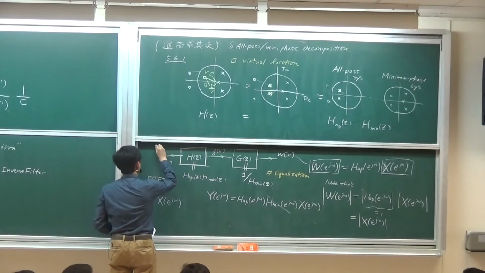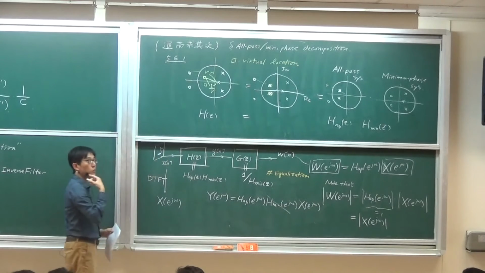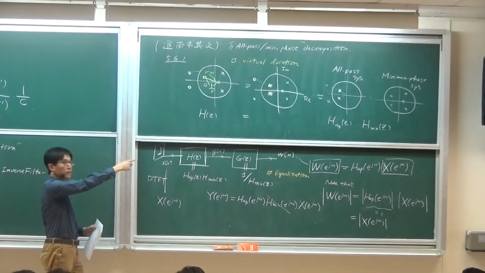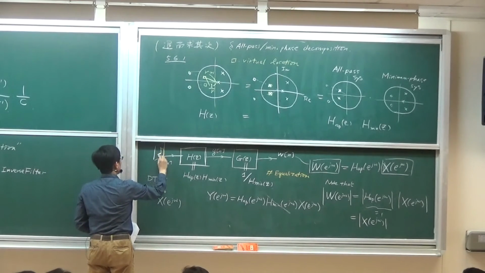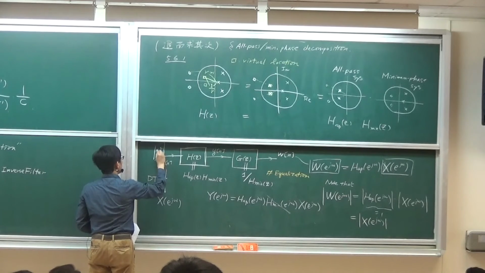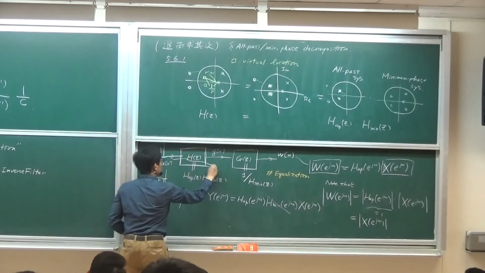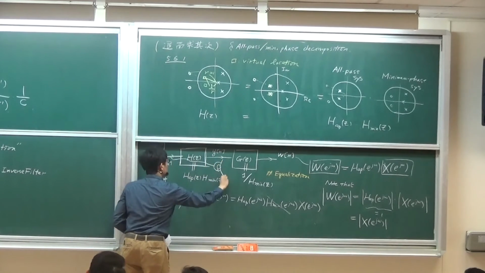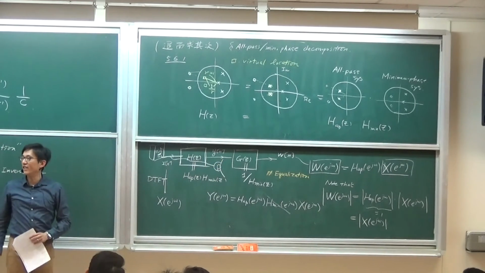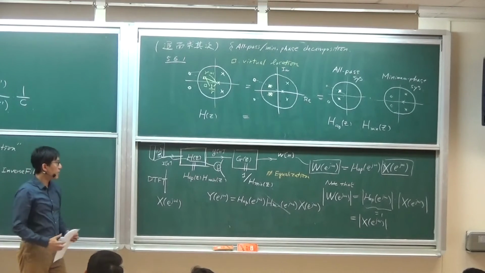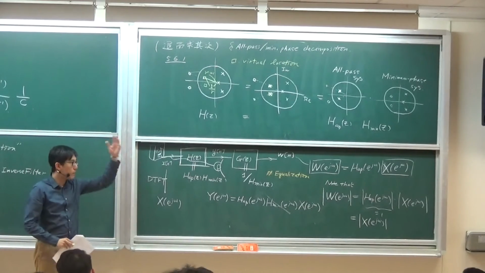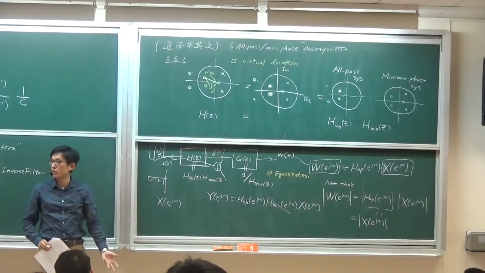So let's say you are listening to me speaking through the loudspeaker, and the response from the speaker to your ear is H of z. It has a magnitude response, and it might have peaks and valleys in the magnitude response.